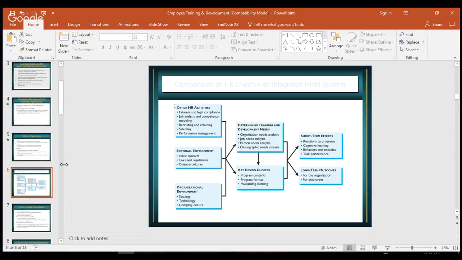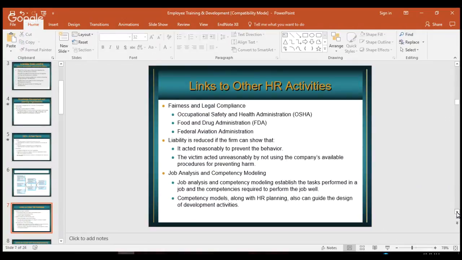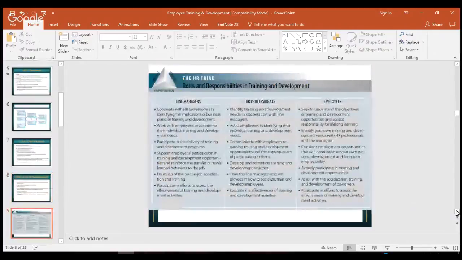So that, in a nutshell, is the process that we would use for training development in organizations. Right. So we asked then, what is the role of the line manager? What is the role of the HR professional?